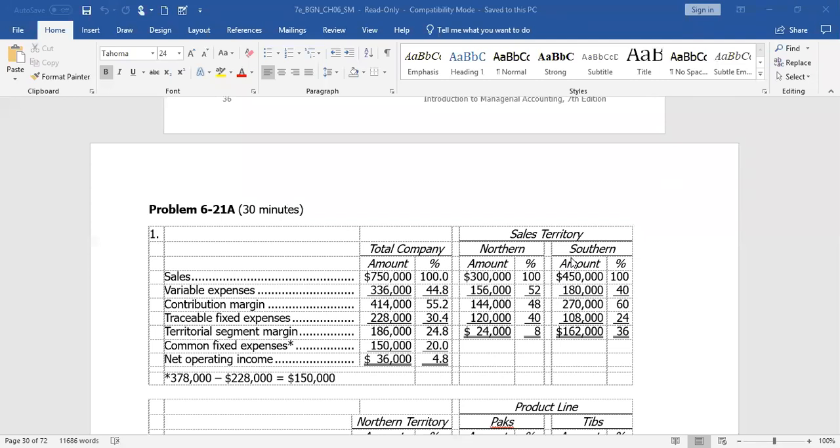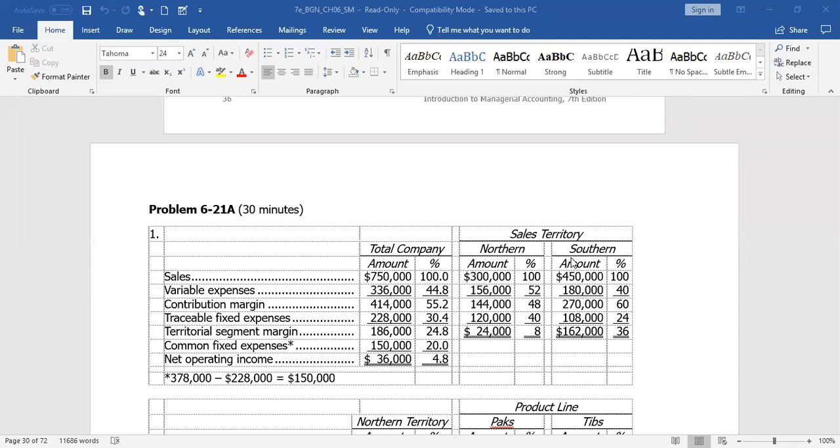The Northern Territory recorded sales of $300,000 and variable expenses of $156,000 during June. The remaining sales and variable expenses were recorded in the Southern Territory. Fixed expenses of $120,000 and $108,000 are traceable to Northern and Southern, respectively. The rest of the fixed expenses are common to the 2 territories.